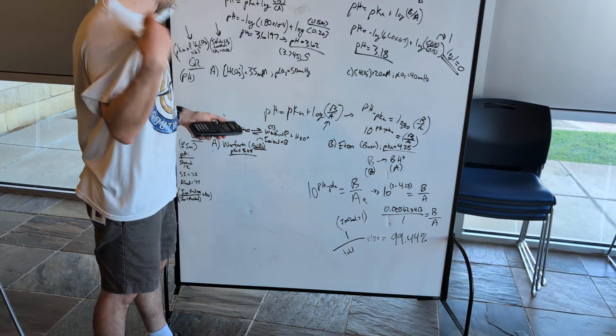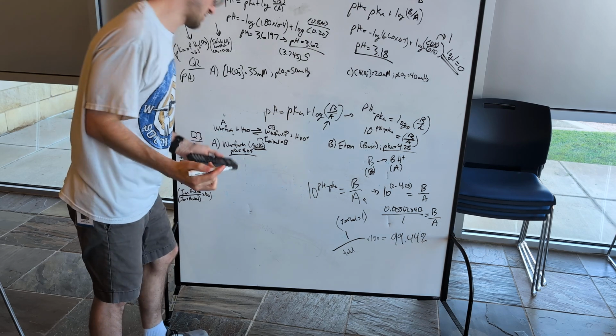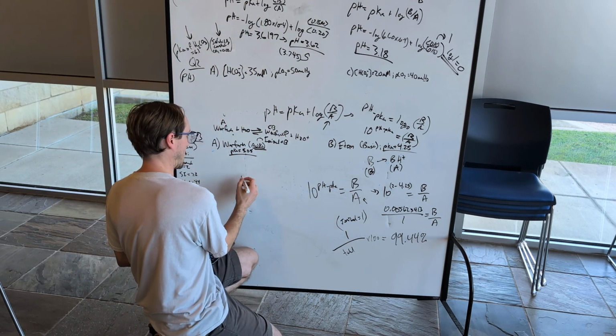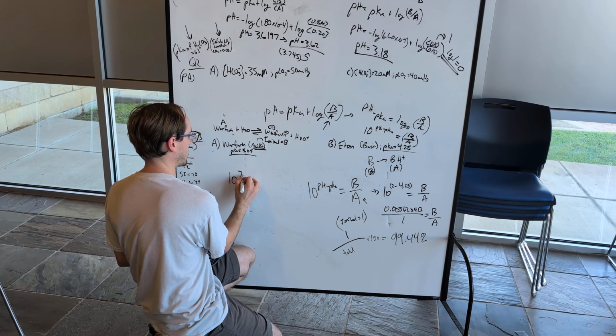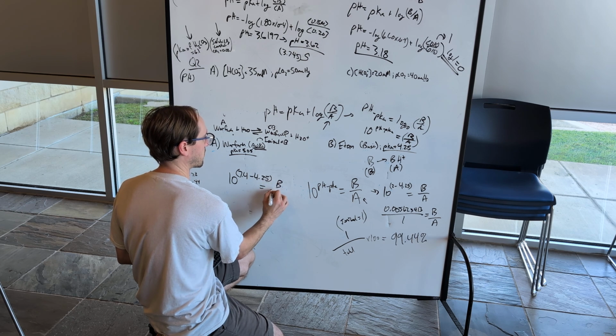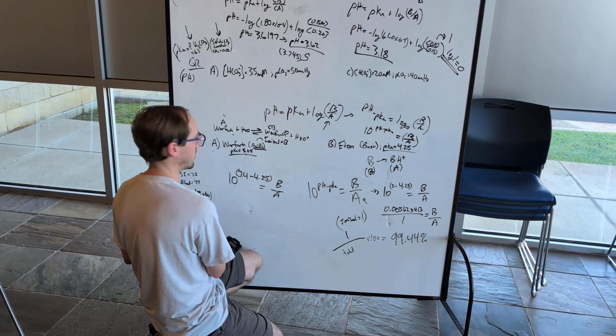But if we get into something like the blood, which I'm going to use as an example, we have 7.4 minus 4.25 is equal to base over acid.